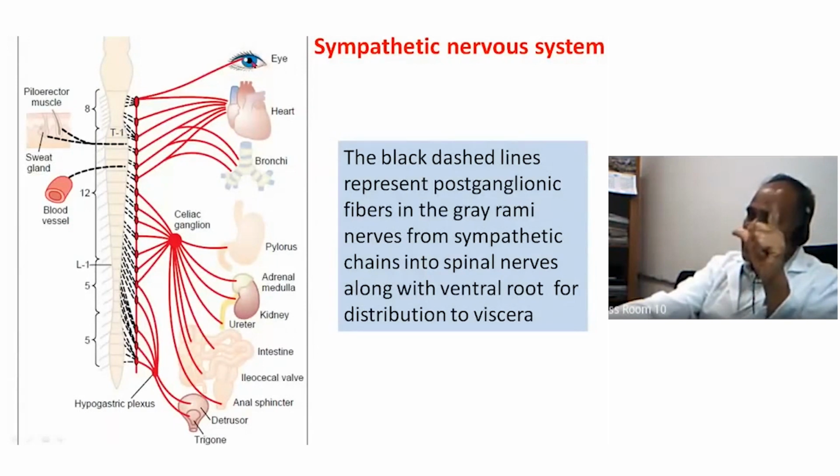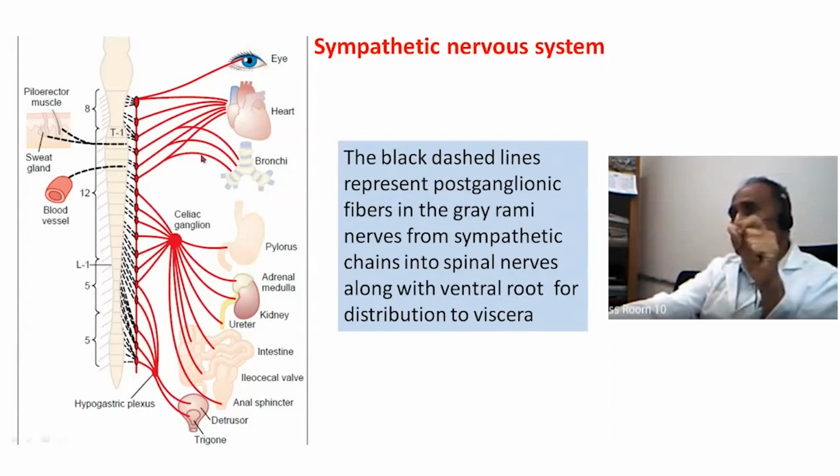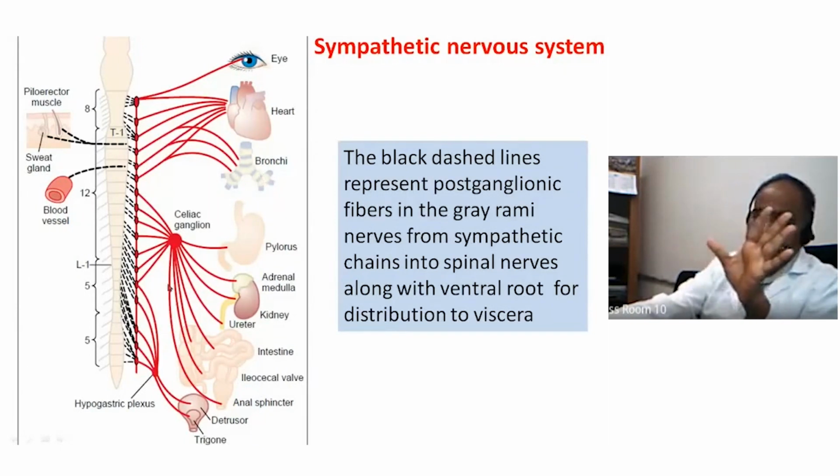That means that will dilate the pupil, and it will supply the heart for rate and force. It will supply the bronchi, especially the terminal bronchioles, the smooth muscles, they will go into spasm.